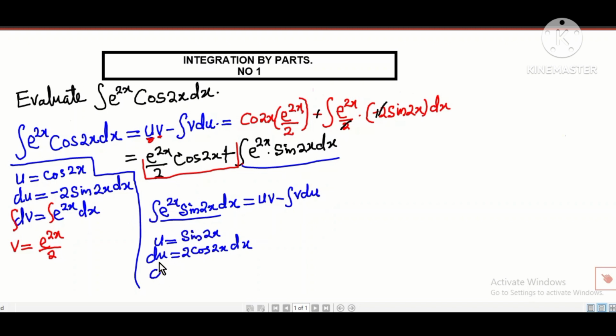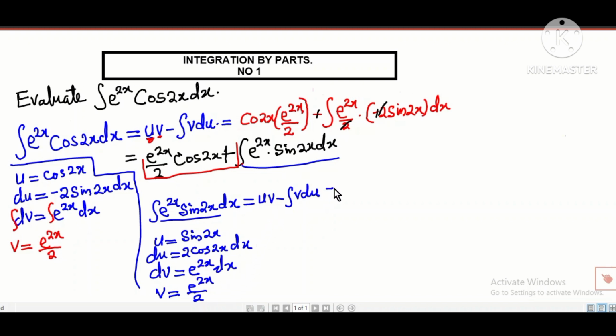So dv is going to be e to the power 2x multiplied by dx. So v is going to be equal to e to the power 2x all over 2, as I am integrating this now. Then that is it.